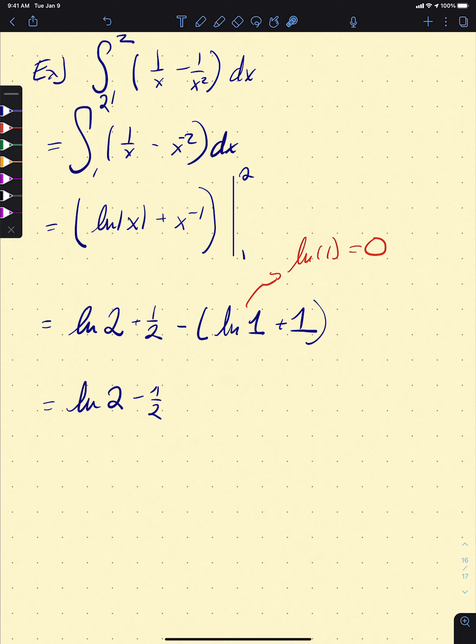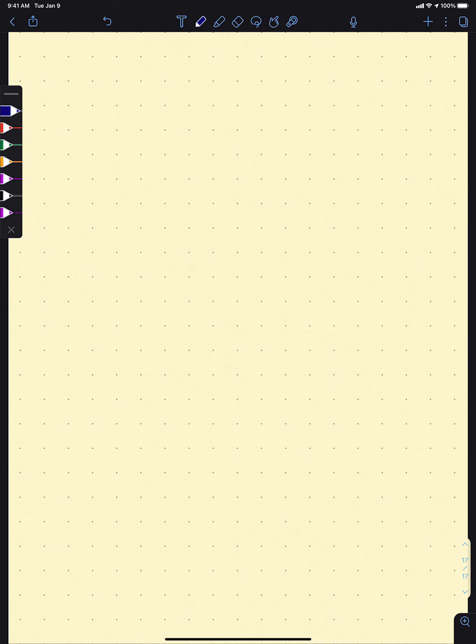Shifting gears a little bit, let's talk about net change. What is sometimes more interesting in the real world is the net change of a quantity over time.